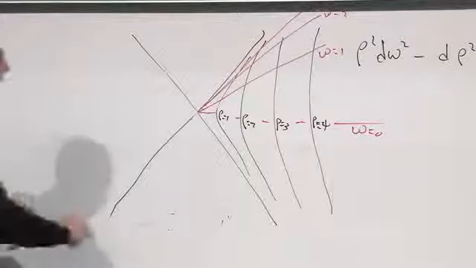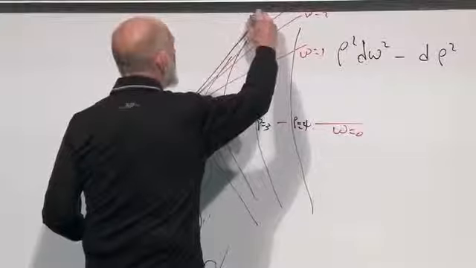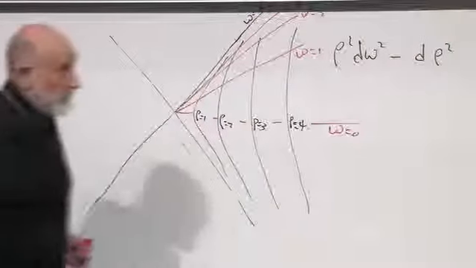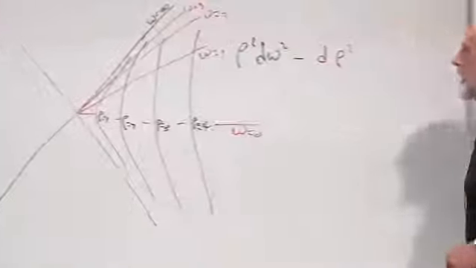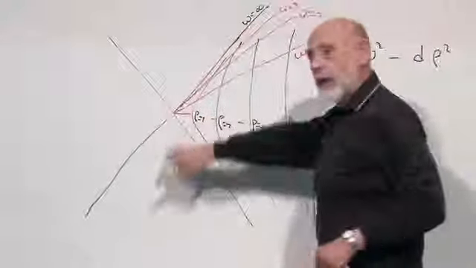Omega equals infinity is right along this light cone here. Remember what omega is. Omega is just t over 2. So we've discovered some coordinates in which time is like a hyperbolic angle, and time infinity is just the light cone here.